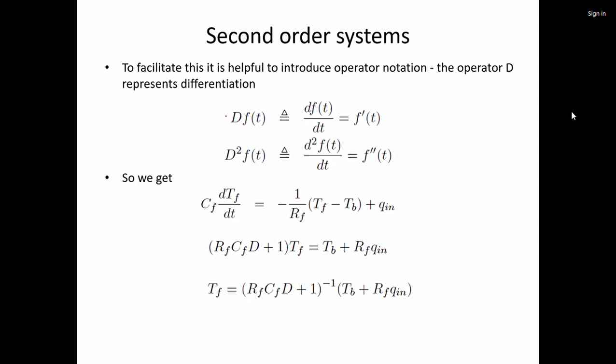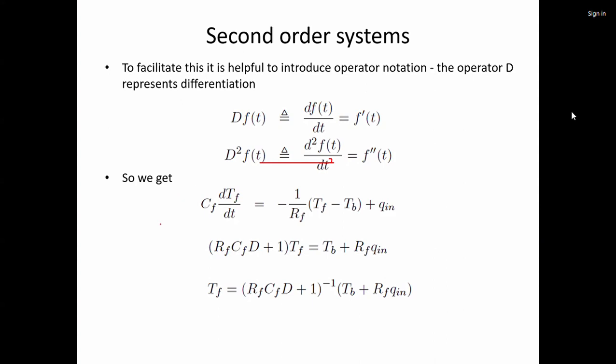If you differentiate this function again, you get D square f(t), which is d square f(t) over dt square, and that is equal to f double dash t. Okay.